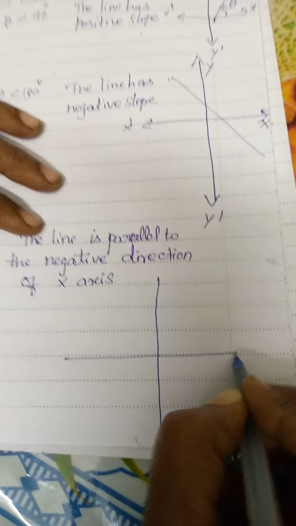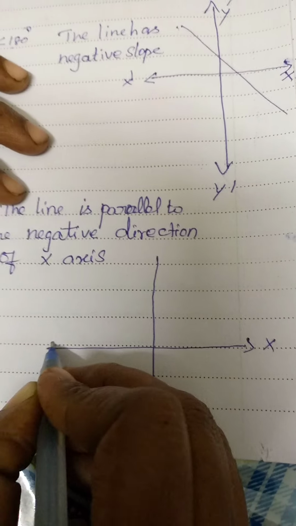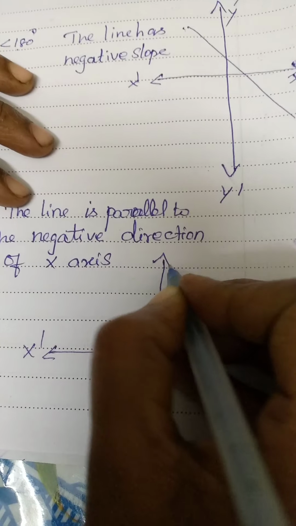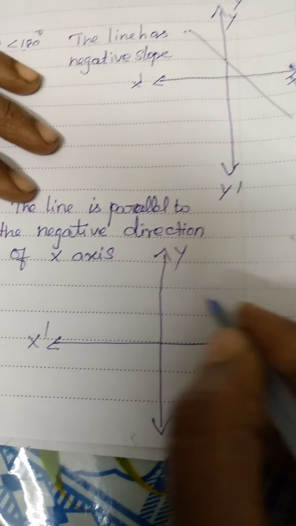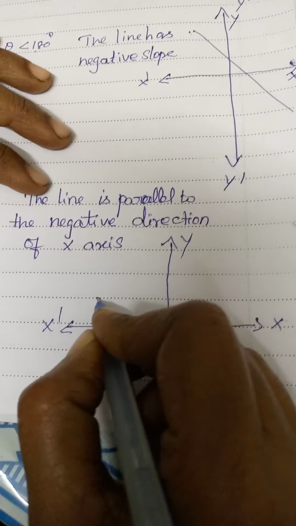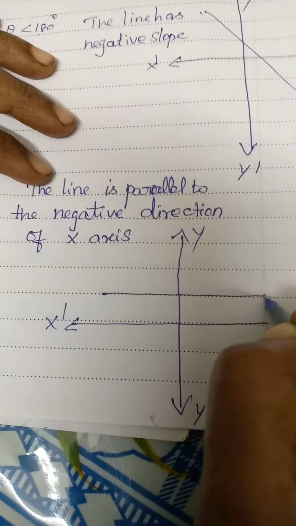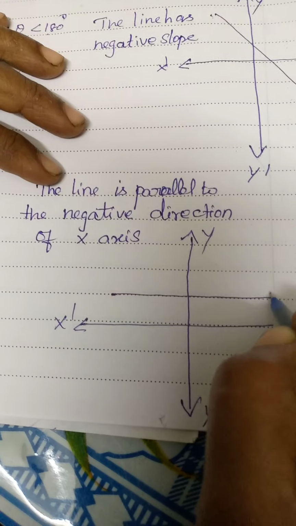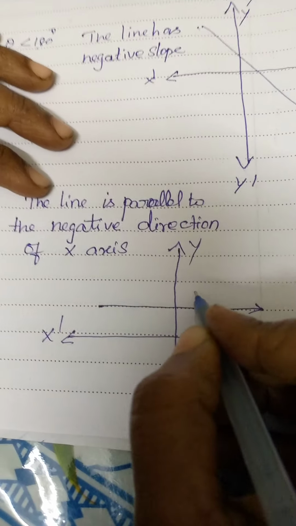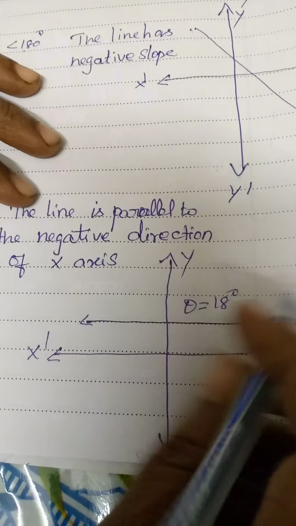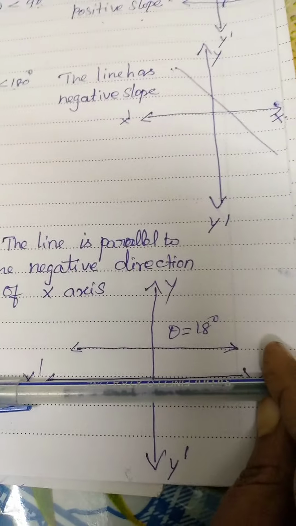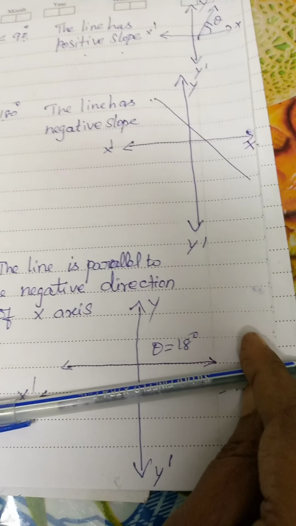Example, draw the x-axis, x dash, y dash. Draw the straight line, parallel to the x-axis. Theta equal to 180 degree. Now consider this, rotate it.